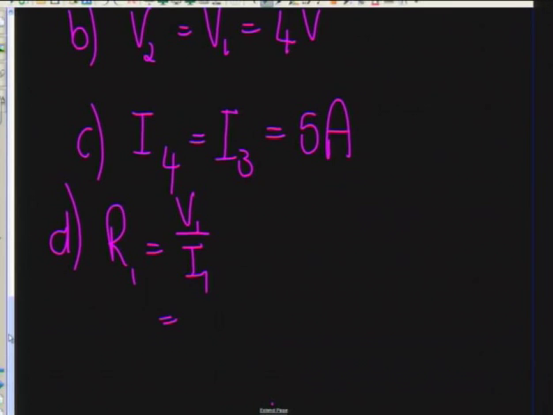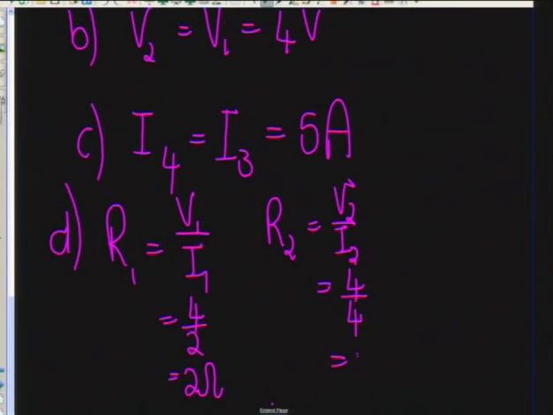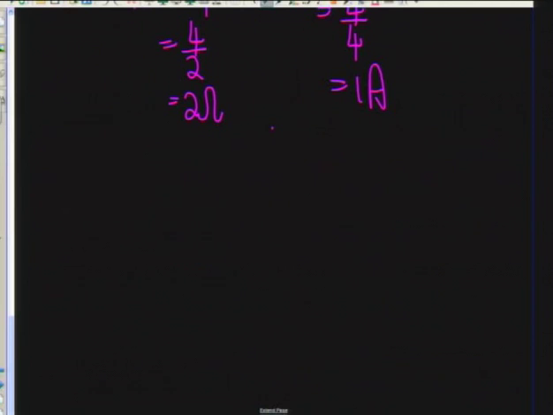So that means it's 4 divided by 2 ohms. We're happy. When we look for R2, it's going to be V2 divided by I2. V2 was also 4, but the current through it was 4, so it's 1 ohm. Okay? Now we're going to do R3.